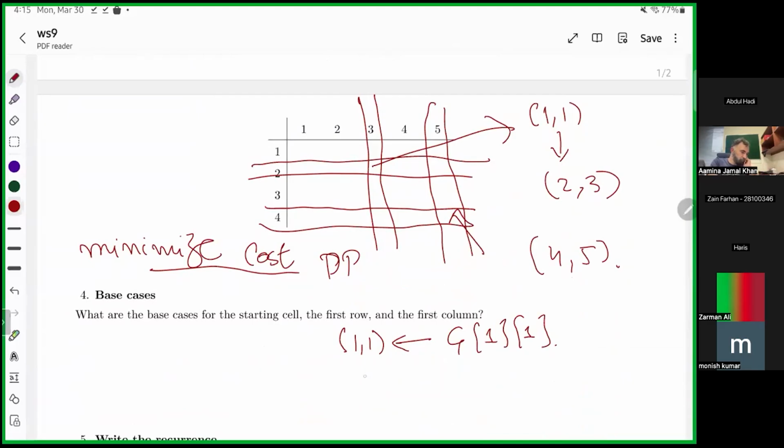So what is 1 comma i? This is the ith cell of the first row.